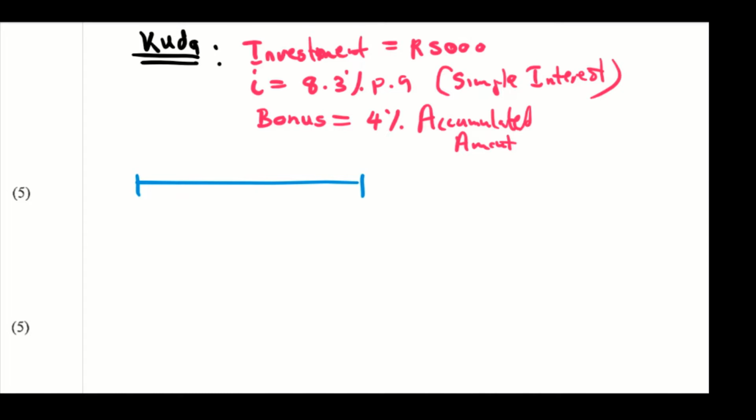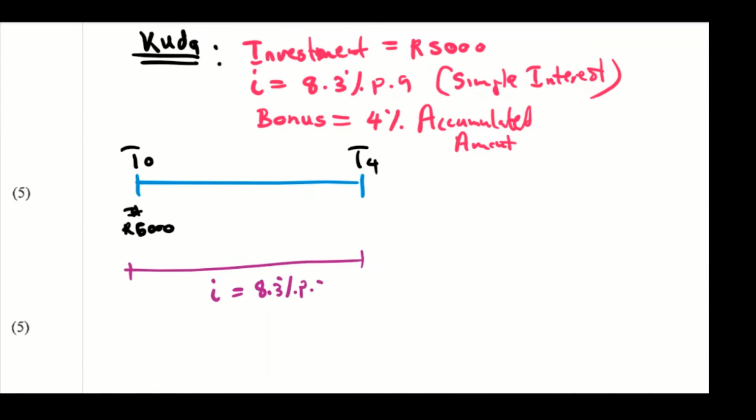So if we represent this on our timeline, we will have T0 there and T4, which is the period of 4 years, and the investment happens here of 5,000. And we know very well that the interest rate from T0 to T4 is 8.3% per annum.